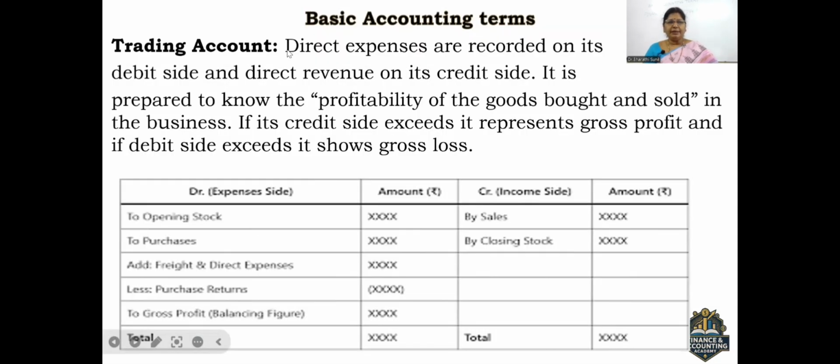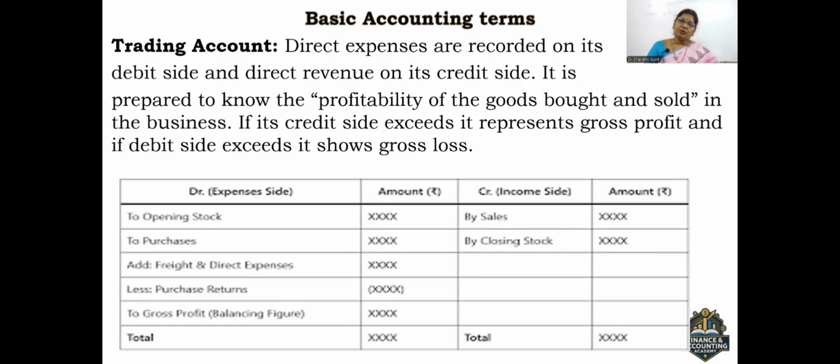We will prepare the trading account, right? So what is the trading account? When we are buying and selling, we are doing a trading business. When we are doing trading business, to know whether we are making profit or not, when we are buying and selling goods, we can know only through the trading account.